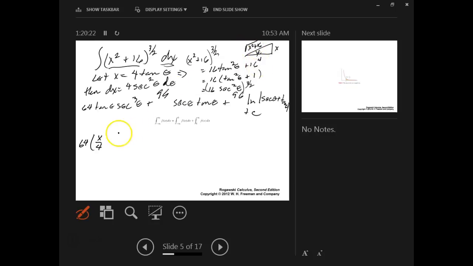So your hypotenuse is the square root of x squared plus 16 over 4. Okay, that's what secant theta is, but we got secant cubed theta, so you're going to cube that. Okay?